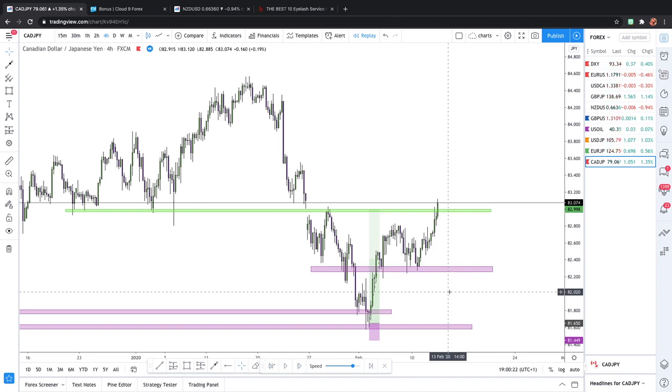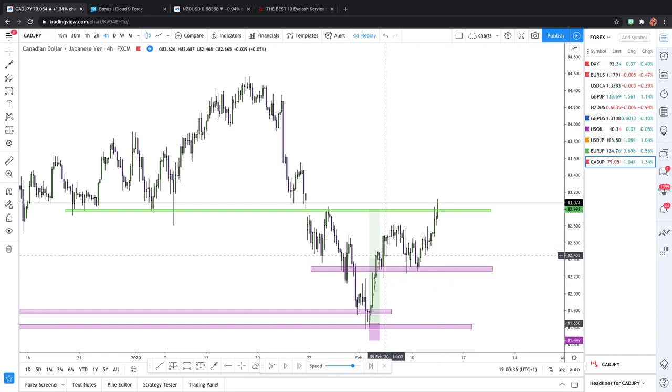That's why I stress mastering a couple of pairs. I tell you guys to master 1 to 3. The reason is that if you're watching these pairs over and over again and executing them off the levels, and you have these levels memorized because you've gone over them and repeated them, it will be easy for you.